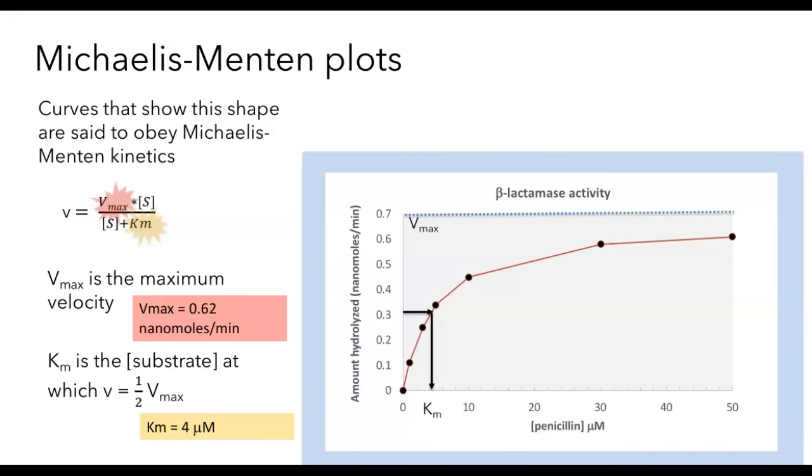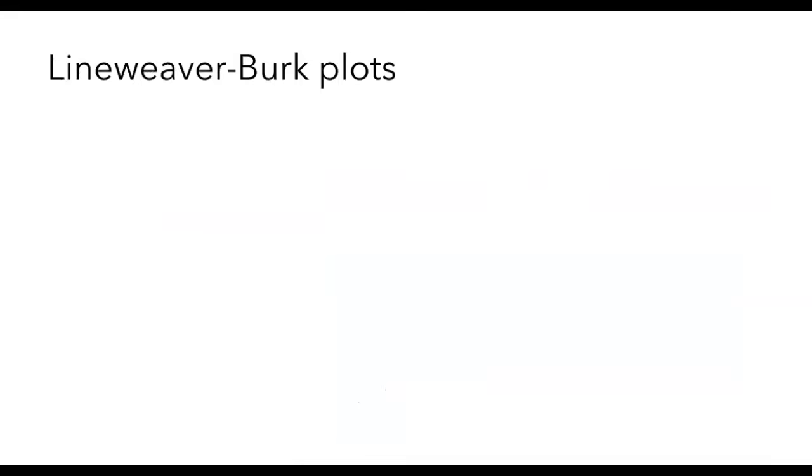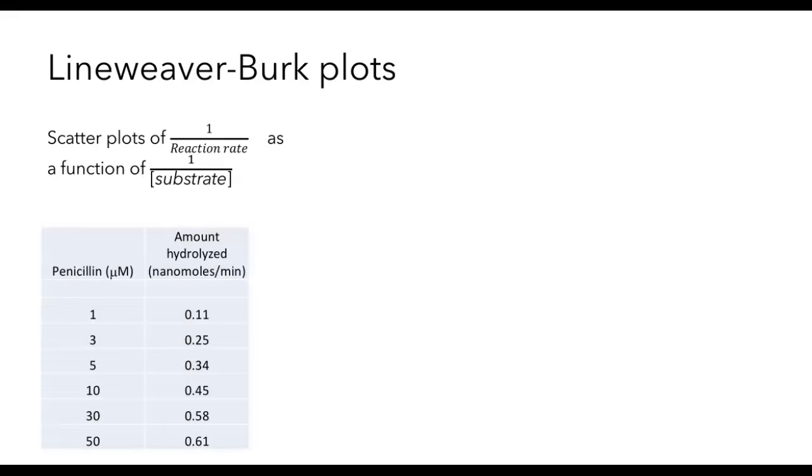So when this happens, we might want to use a different graphing method, and that's where Lineweaver and Burk come in. They developed another way to graph data. Lineweaver-Burk plots are also scatter plots, but here we plot 1 over the reaction rate as a function of 1 over the substrate. Because we're plotting a reciprocal versus a reciprocal, these are also called double reciprocal plots. So how would we do this?